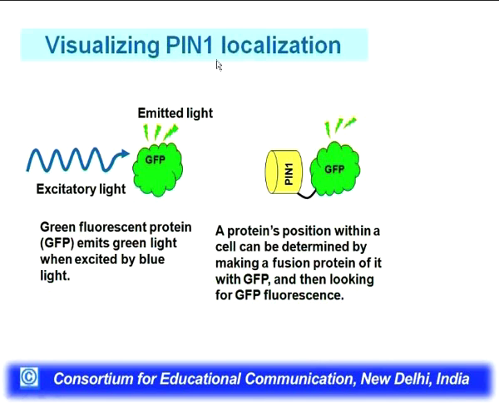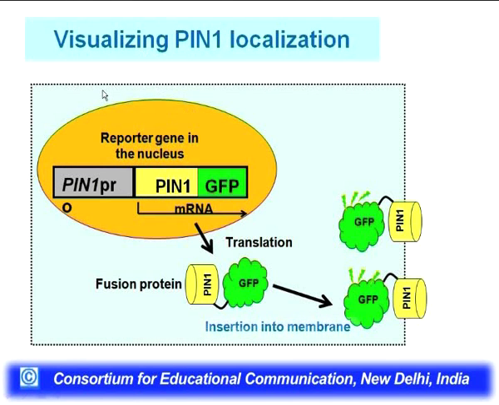Now, the PIN protein can be visualized if you fuse it with a protein like GFP. This GFP emits green light. If you hook it up with PIN, then wherever PIN is expressed, you will find green color. You can see in this case a cell where the PIN1 promoter and PIN protein are fused with GFP.